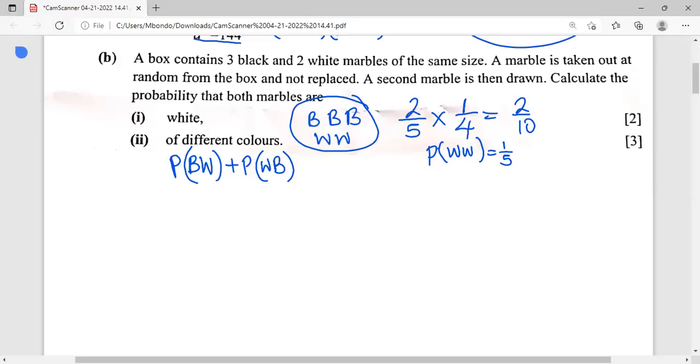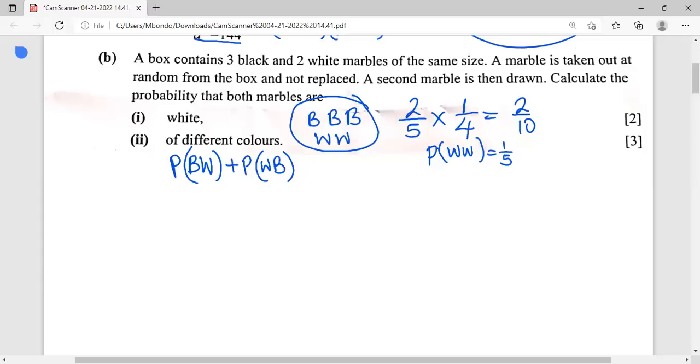So we come to this one now. What is the probability that the first ball is going to be black? How many balls do we have now? It's like we are starting afresh. The box is intact. Don't confuse what we did in question 1 with what we're about to do.